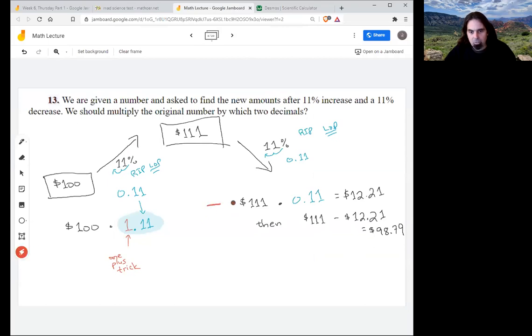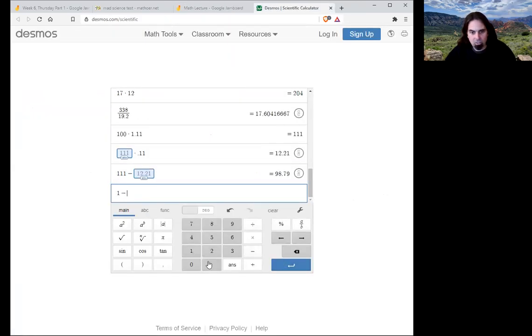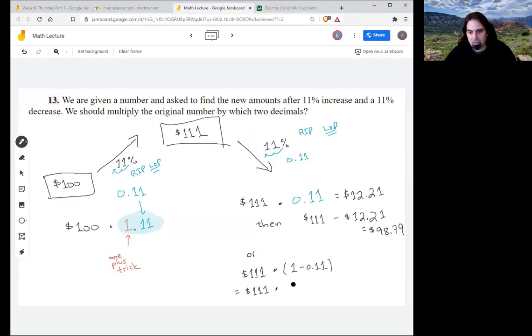But that has 2 different steps, 1 step and 2 steps. And just like there was the 1 plus trick, so we didn't have to add the $100 back on, then we had the 1 minus trick. So I can take the 111 that we started with as we're going down this slide, and I'm going to multiply it by 1 minus 0.11. 1 minus 0.11, so 0.89.